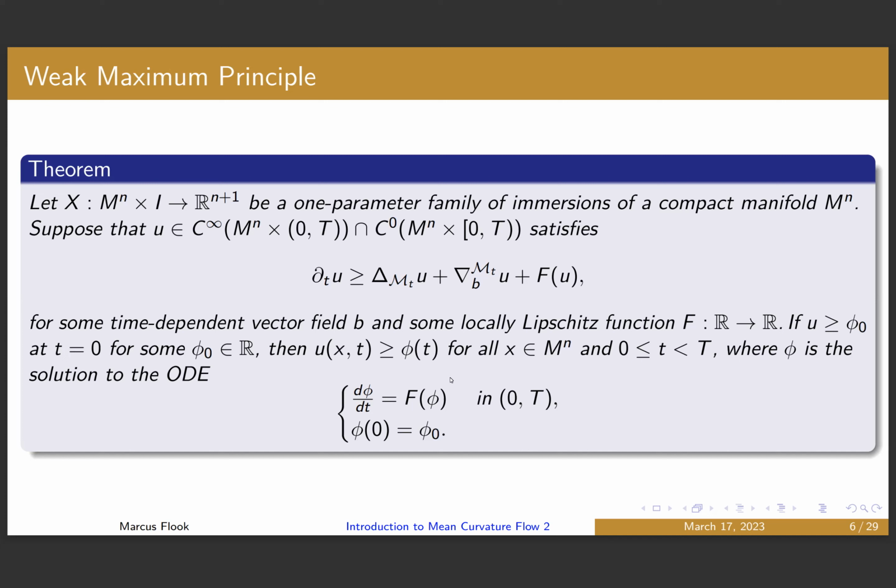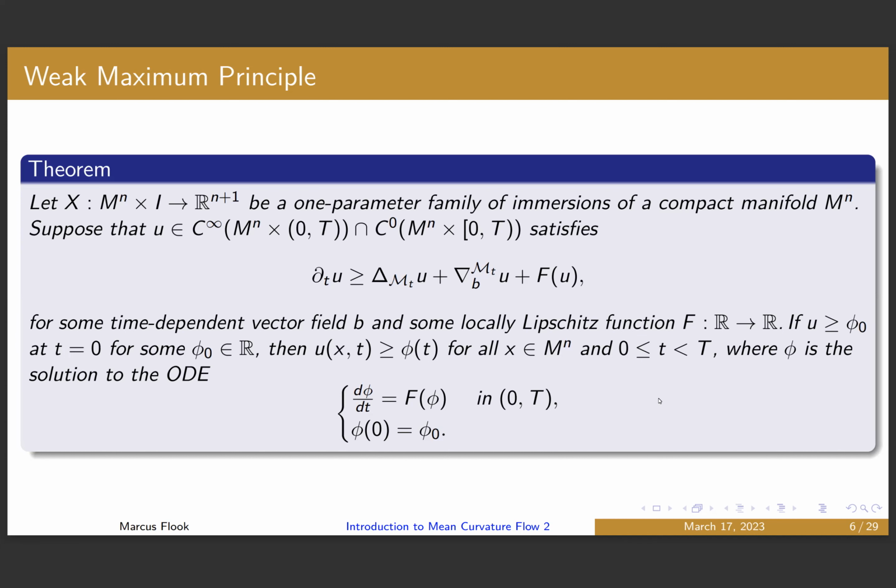And in particular, this phi t function is a solution to the ODE where the derivative is equal to the Lipschitz function of phi, and the initial condition of our phi function is governed just by this minimum bound that we have initially.